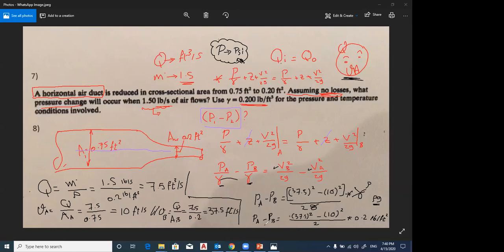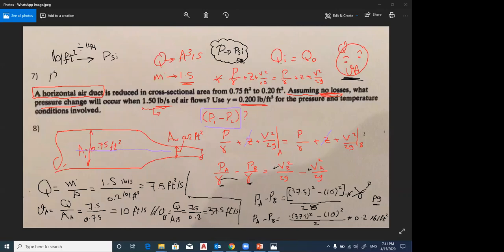After you get the answer here in pound per feet square, because this one is used a lot, to change it to PSI just divide this answer by 144.